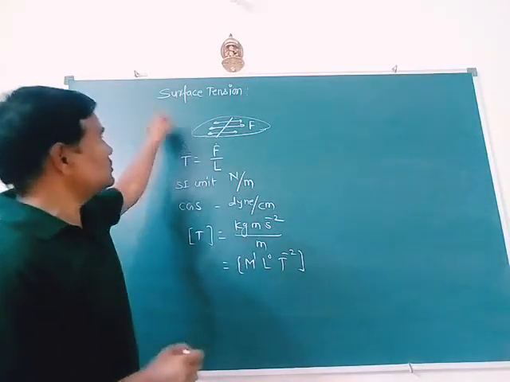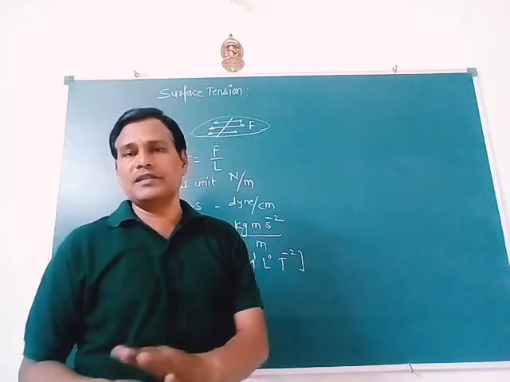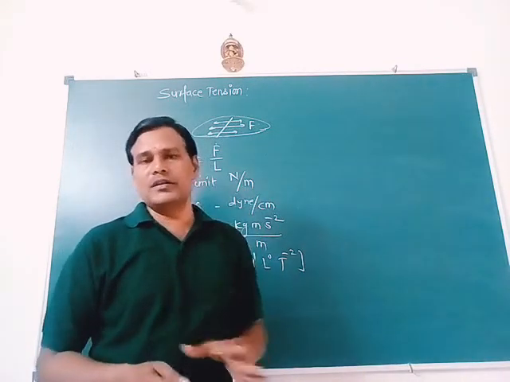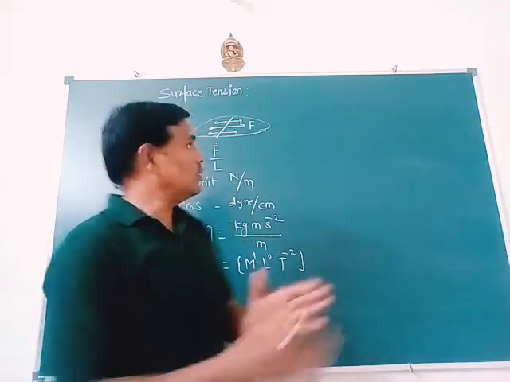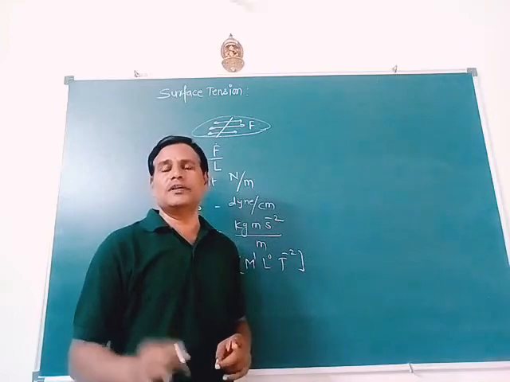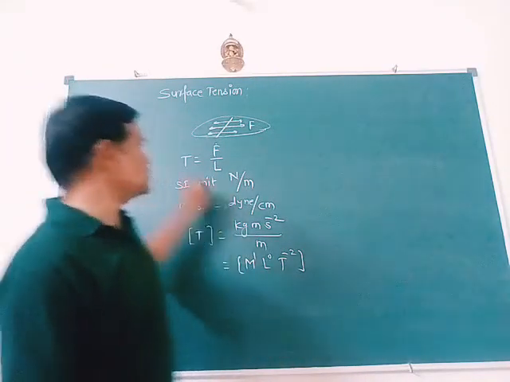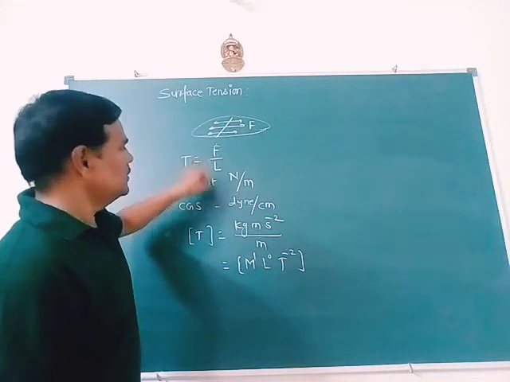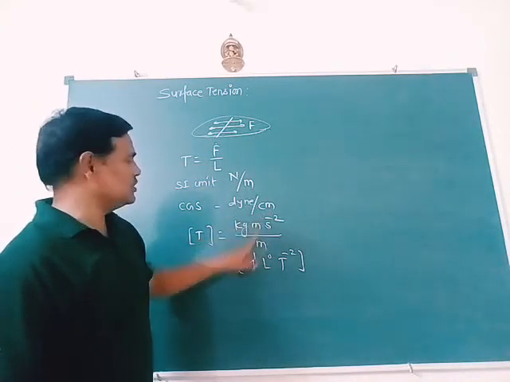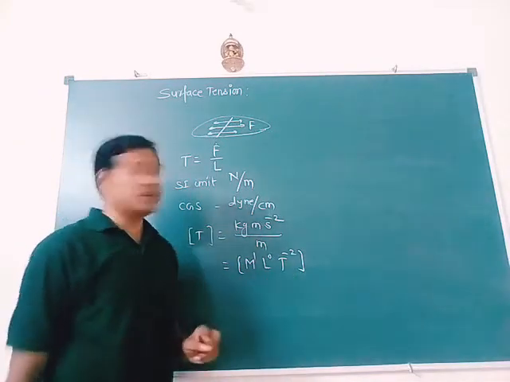Surface tension is force upon length, its unit is Newton per meter, dyne per centimeter in CGS, and its dimension is M to the power 1, L to the power 0 and T to the power minus 2.